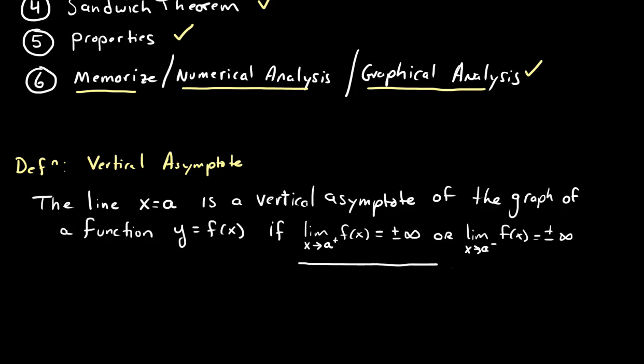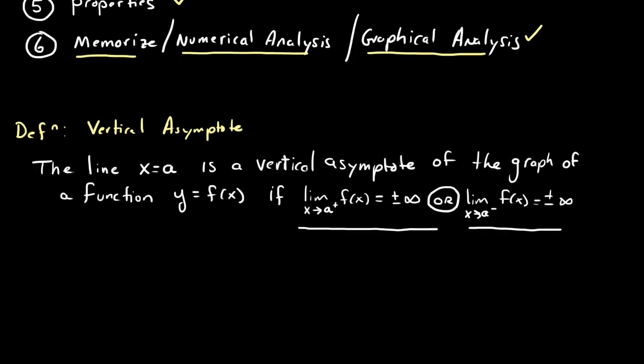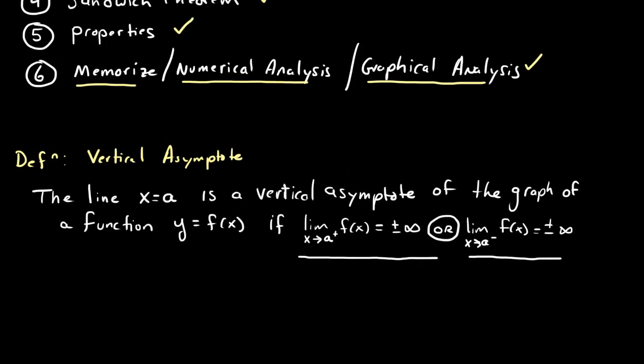The limit as x approaches a from the right of f of x equals plus or minus infinity. Or you could have an asymptote if the limit as x approaches a from the left of f of x equals positive or negative infinity. Or both, of course. So that should not be new to you, the definition of a vertical asymptote.